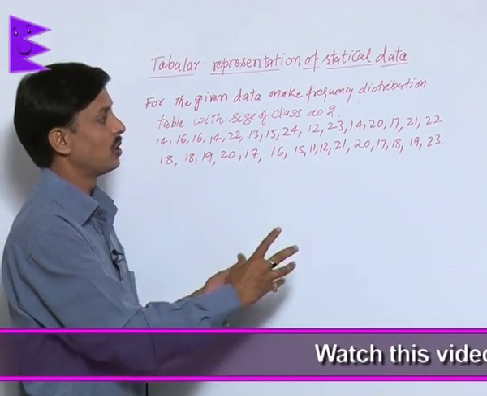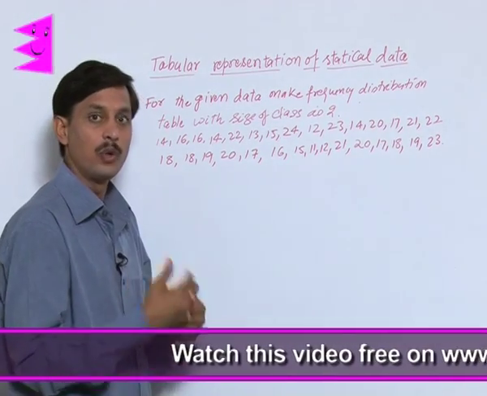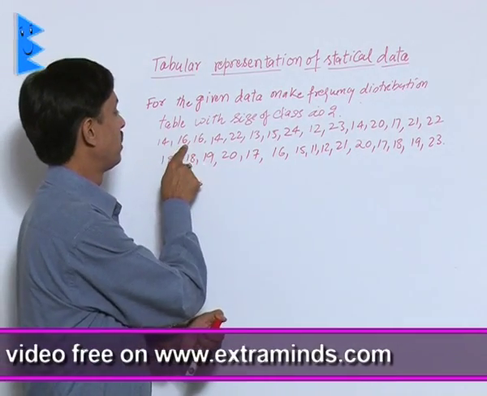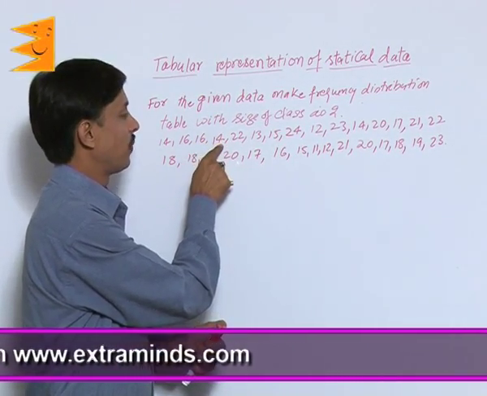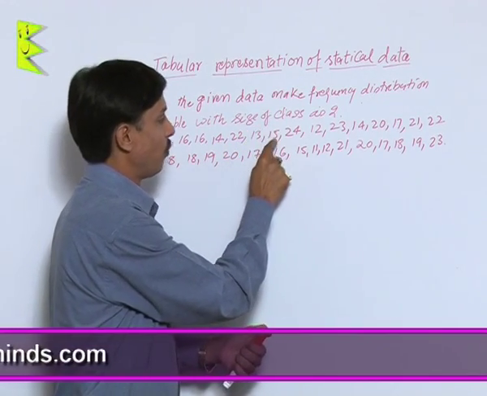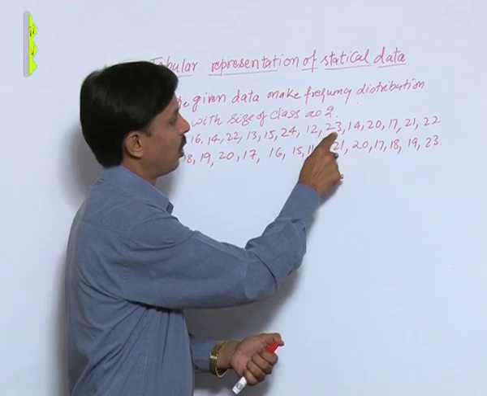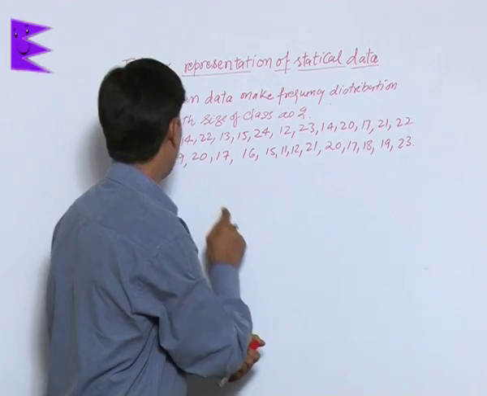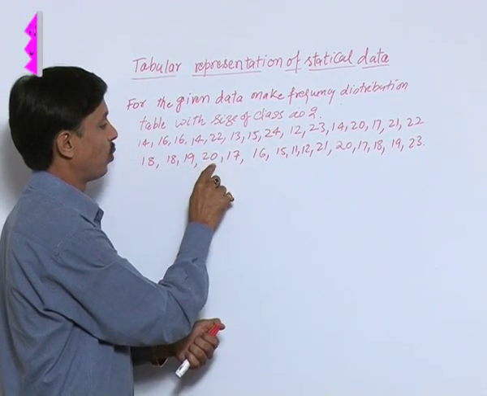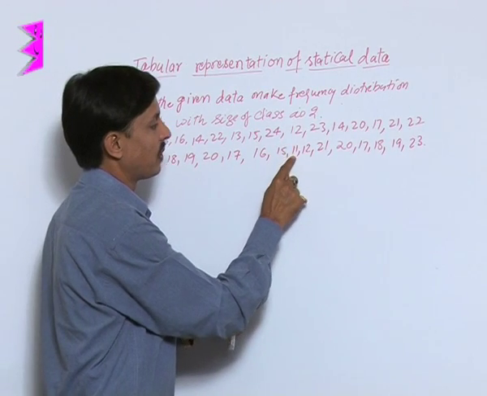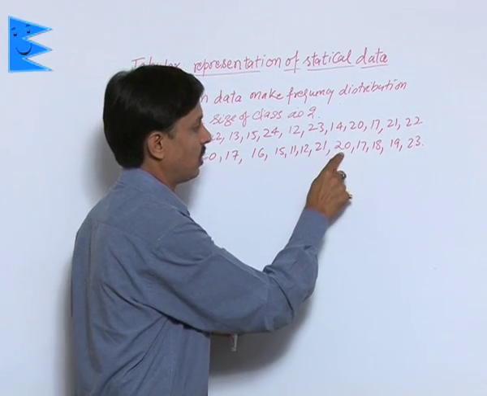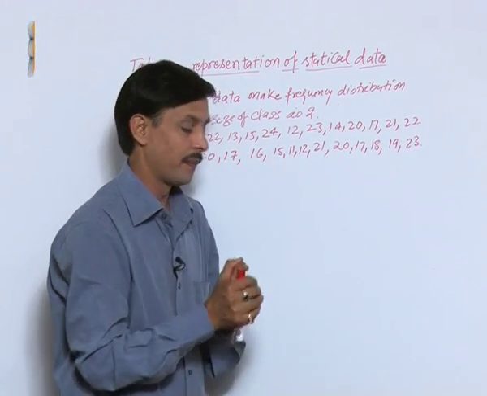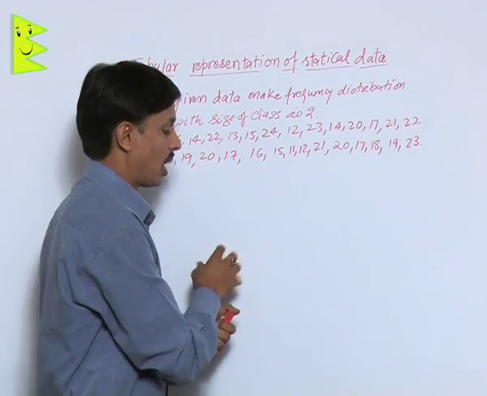So what are the observations? Suppose there was a test where one roll number scored 14 marks, second 16, then 16, then next student 14, next 22 marks, 13 marks, 15 marks, 24 marks, 12 marks, 23 marks, 14 marks, 20 marks, 17, 21, then 22, 18, 18, 19, 20 marks, 17, 16 marks, 15, 11, 12, then 21, then 20, then 17, then 18, then 19, and the last boy or girl has secured how many marks?